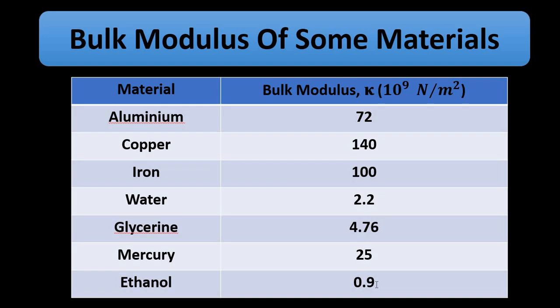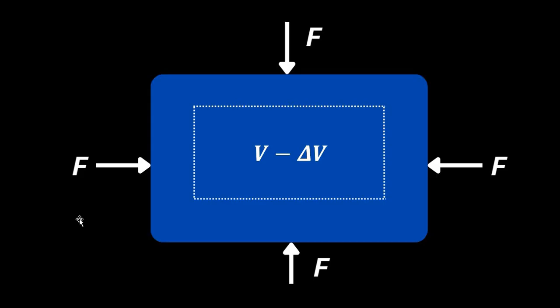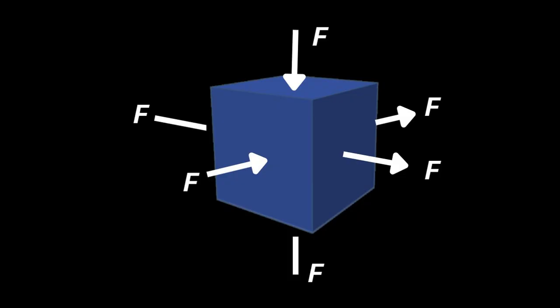So these are some commonly used materials with bulk modulus values. There are other materials also, you can check their values and compare them with these values. So here we have discussed the bulk modulus of elasticity, which establishes a relationship between bulk stress or volumetric stress and volumetric strain.